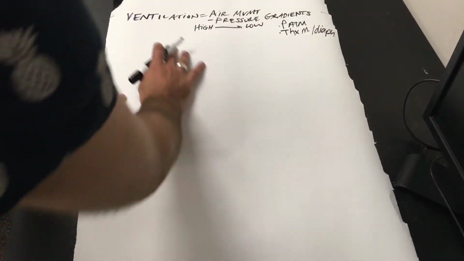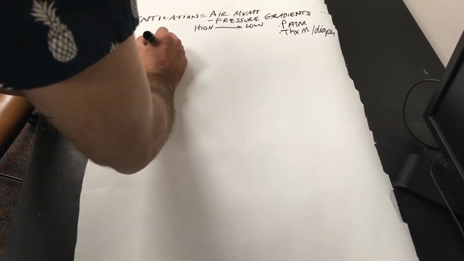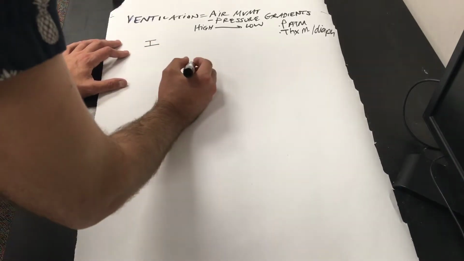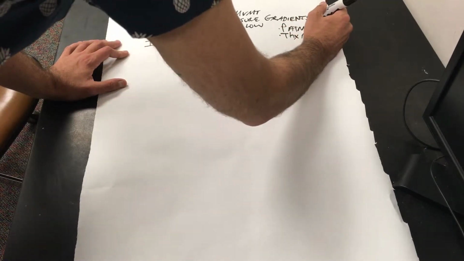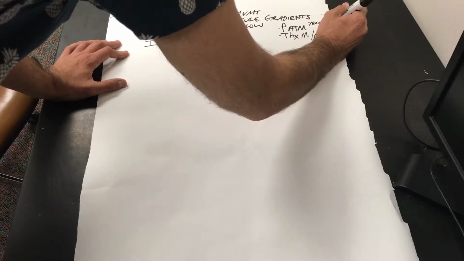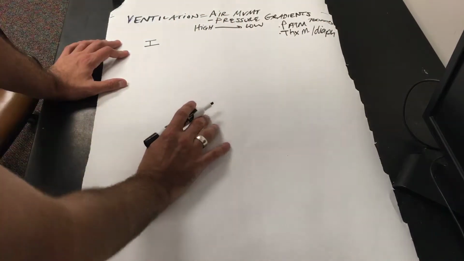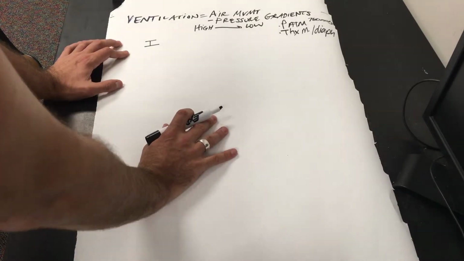So, when it comes to inspiration, actually, first let me say, atmospheric pressure is around 760 millimeters of mercury. Okay, so we'll start there.